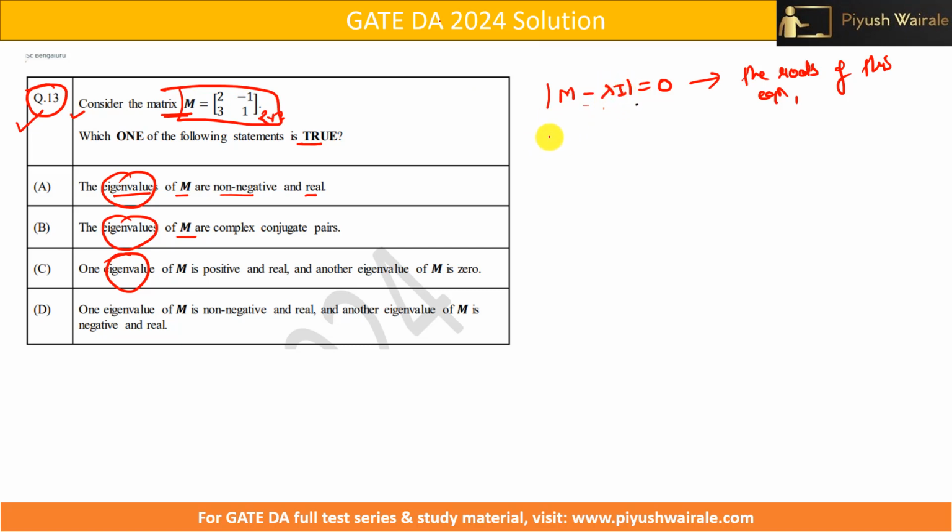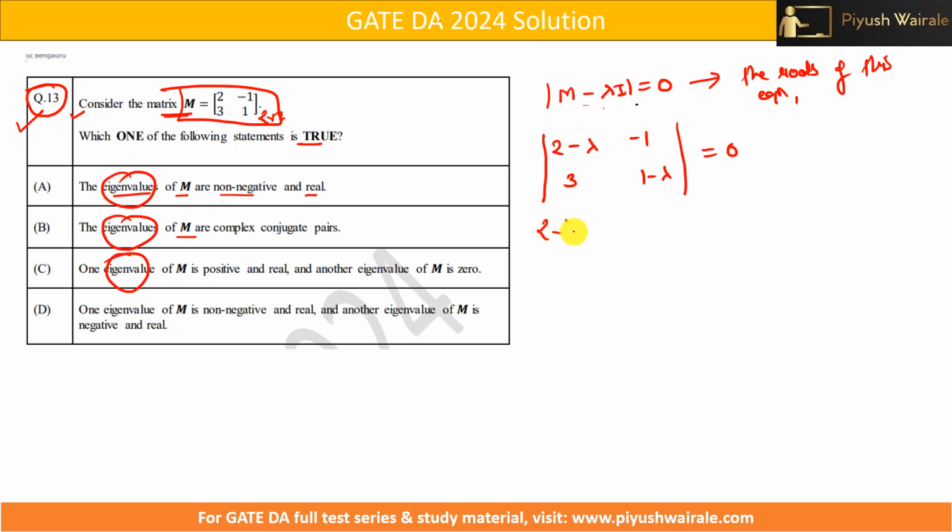So what will I get after this? The matrix will be 2 minus lambda, minus 1, 3, 1 minus lambda, and its determinant equals 0. Because I is the identity matrix, we multiply with I and subtract from M. Now just take the determinant of this.